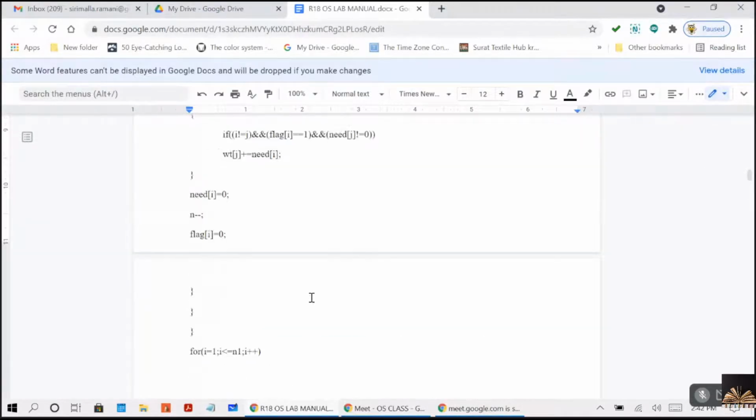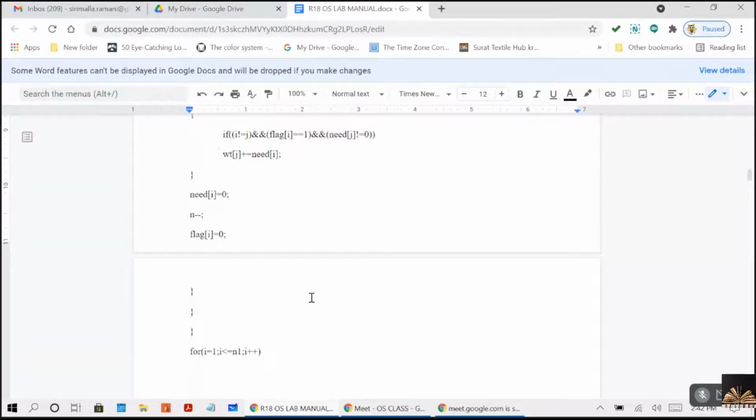See, I'll tell you about the need and flag values. Need means, burst time I am having and time slice I am giving. After giving the time slice every time, we check again how much extra time a process needs, that is, how much burst time is remaining, what it needs to complete the job.